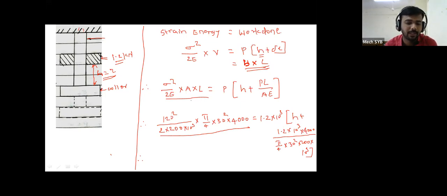Do the calculations properly and send your answers in the chat box. Do the separate calculation of sigma square upon 2E, then multiply by pi by 4 into 30 square, and then again multiply by 4000.